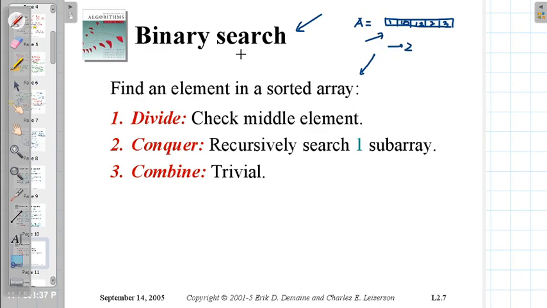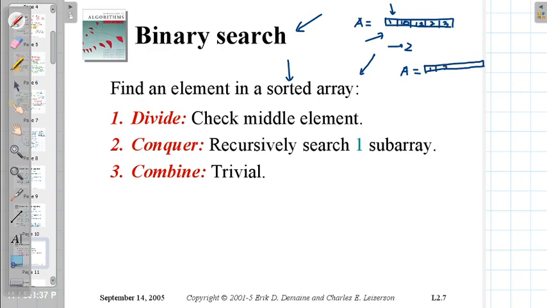But for binary search it should be sorted. This is unsorted, right? So now this array will be given as a sorted array, and then we can think of binary search. Otherwise we cannot think of this binary search.